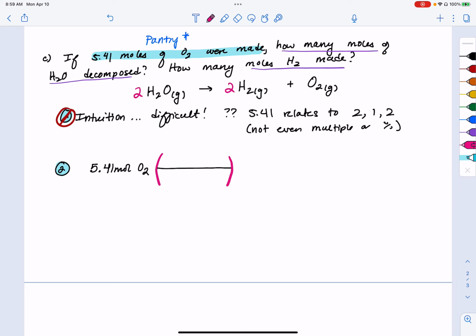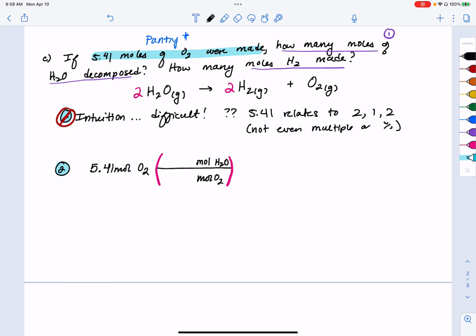So looking at my dimensional analysis, I want to cancel out moles of oxygen, and let's start first with our moles of water decomposed. That means I'm going to convert this mole quantity of oxygen into a mole quantity of water, and I can do that by looking at my recipe, which says that for every 1 mole of oxygen that was made, so that's that one coefficient out in front of my oxygen, that came from 2 moles of water being decomposed.